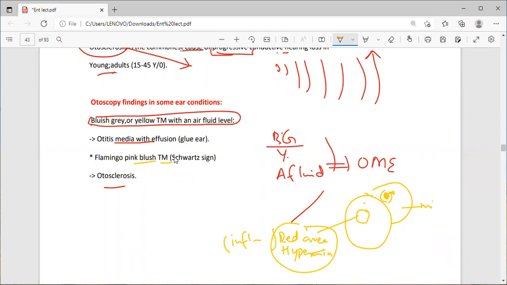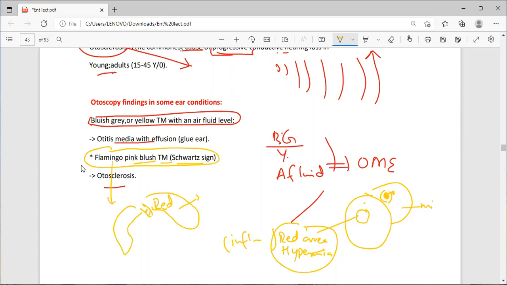This sign is called Schwartz sign or flamingo pink blush. Flamingo is, I think, a bird whose head is red, but its feathers are white. It is a sea bird.